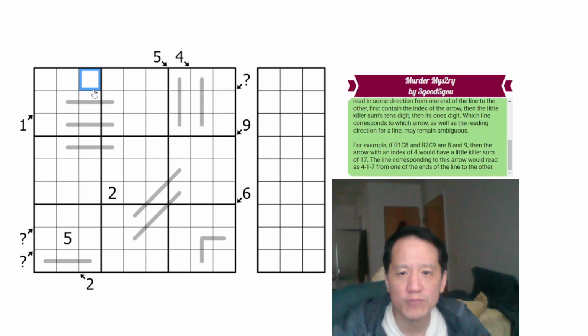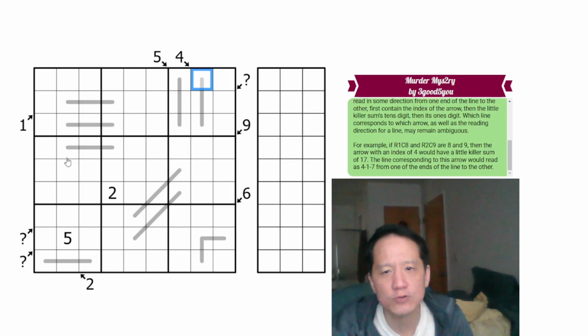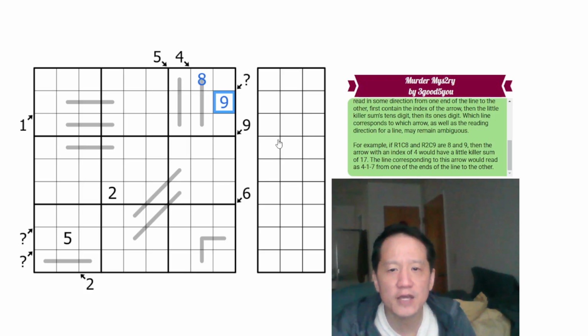For example, if row 1, column 8, and row 2, column 9 are an 8 and a 9, so say this was an 8 and this was a 9, then the arrow with the index of 4, which is this arrow, would have a little killer sum of 17.